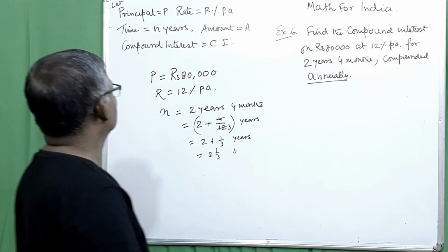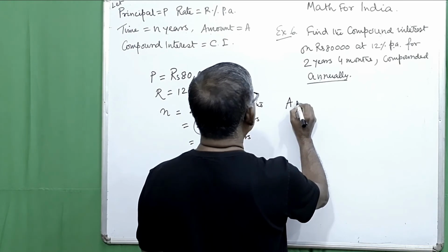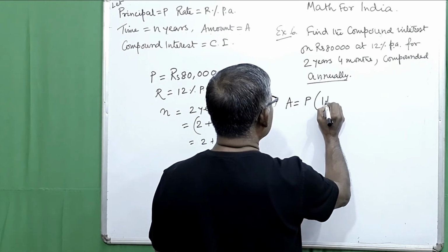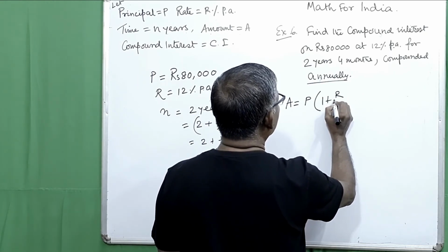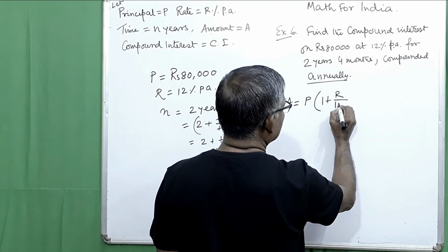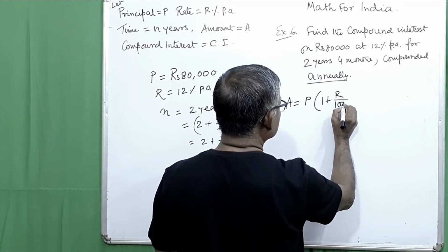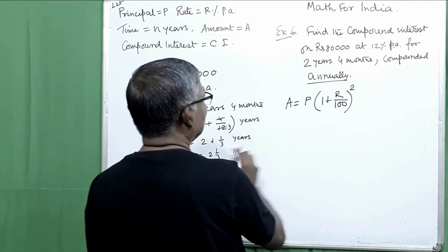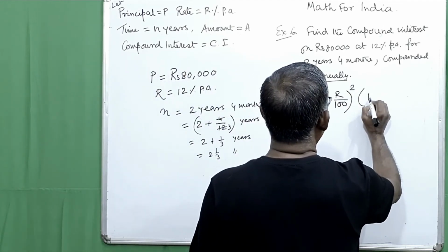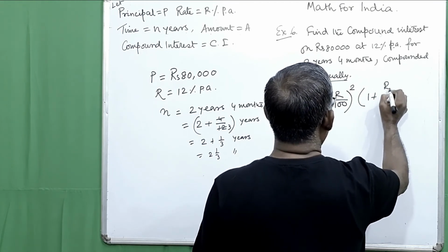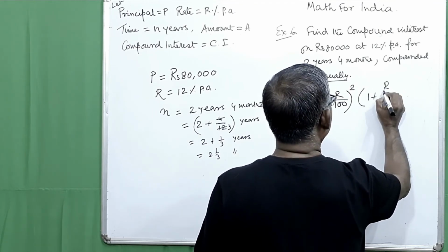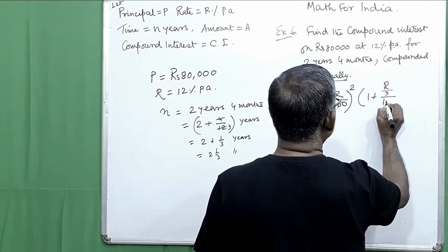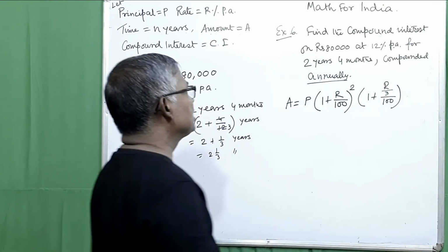So the amount is P into 1 plus R by 100, here the whole years are 2, and into 1 plus R by 3 by 100, it is the formula.